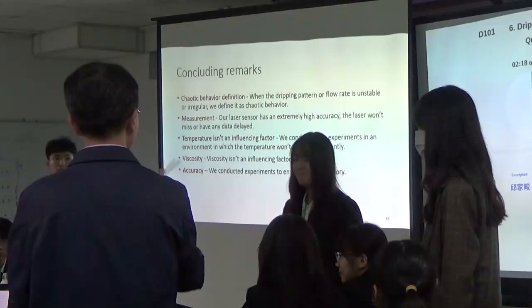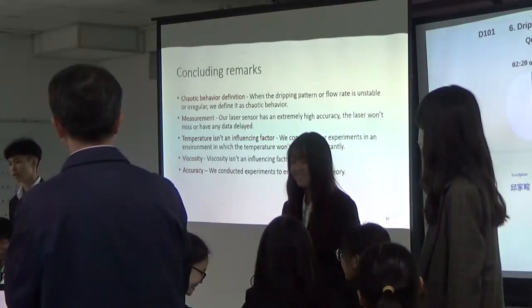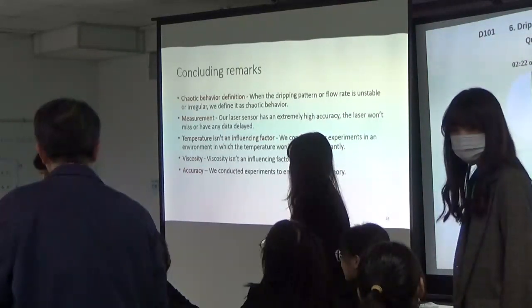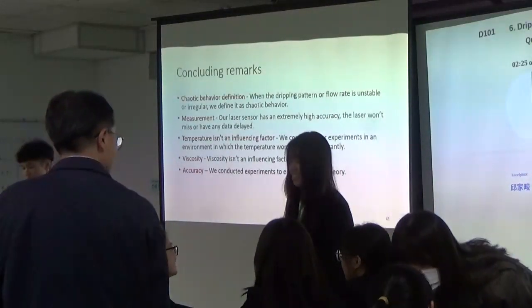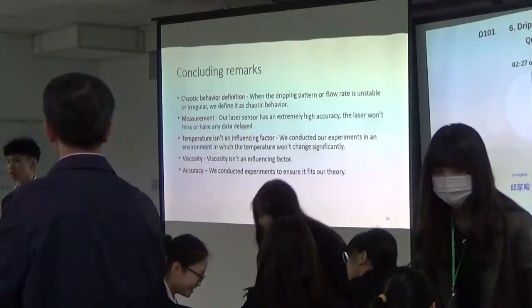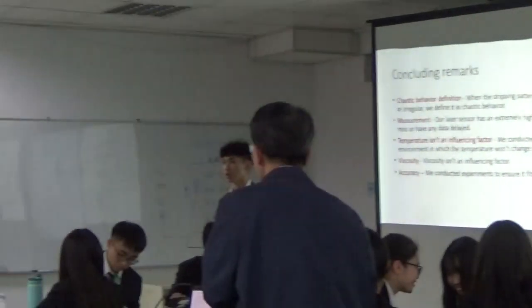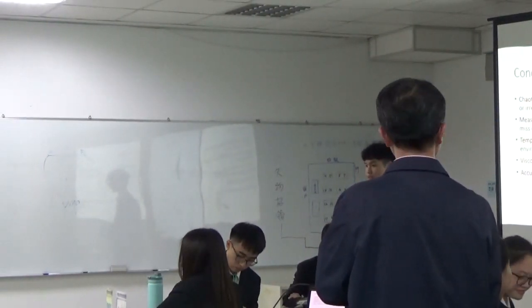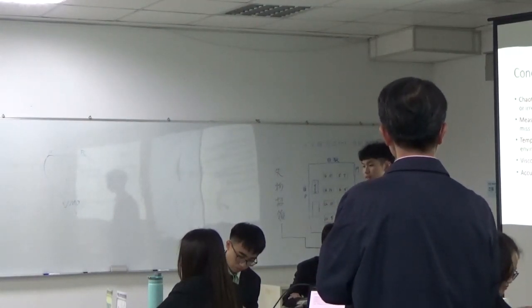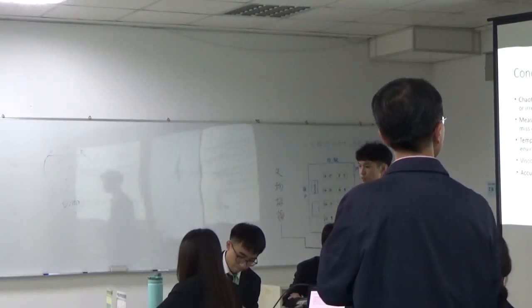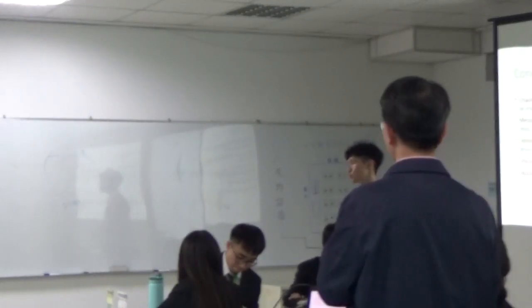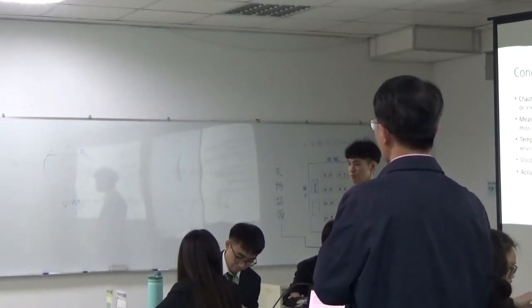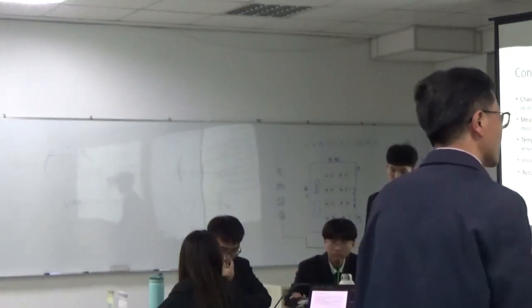How about the opinion of the reporter? It will only work in certain conditions. If the flow rate is very slow, it will be stable, so I think this kind of setup can be used as a water clock. How about the reviewer, your opinion?